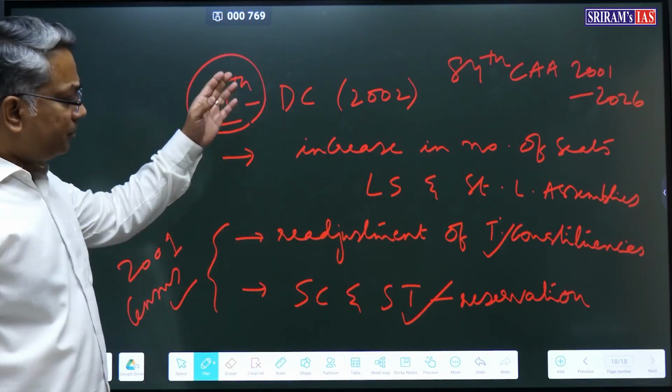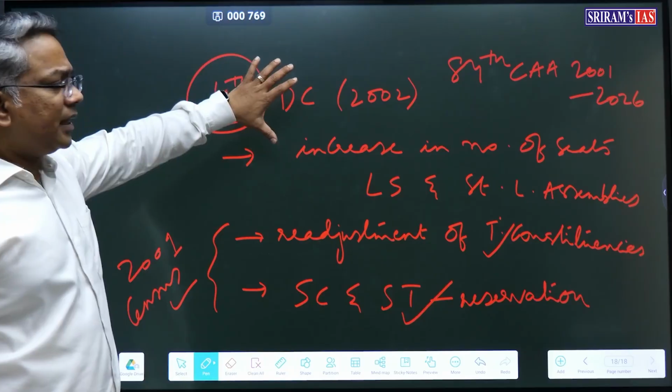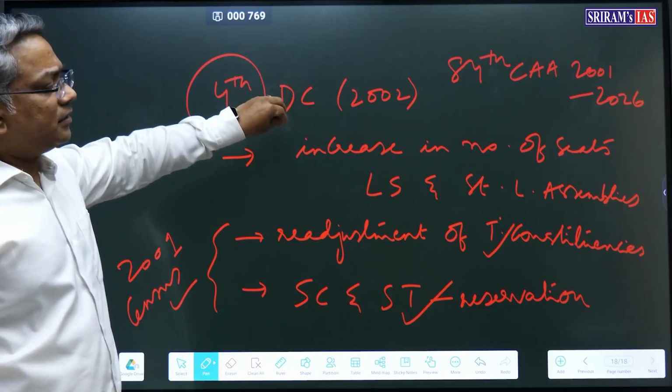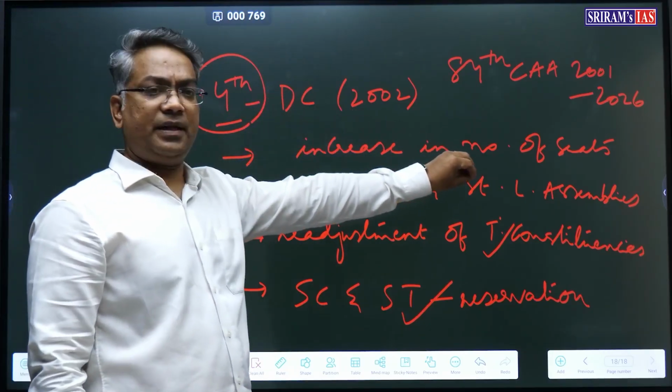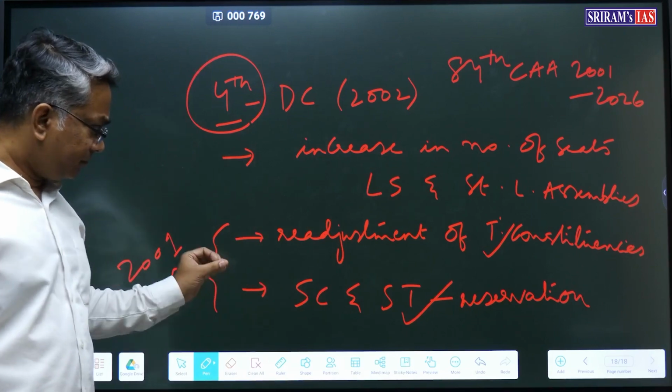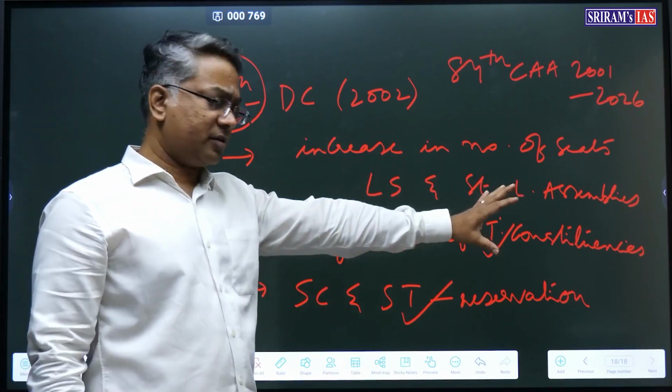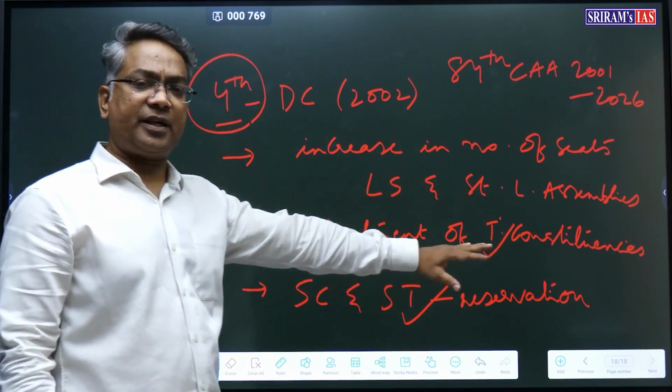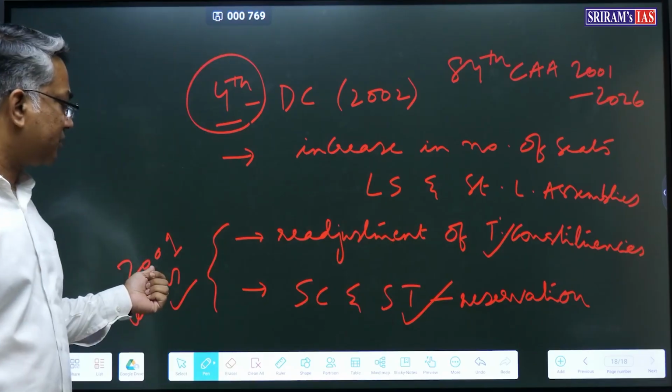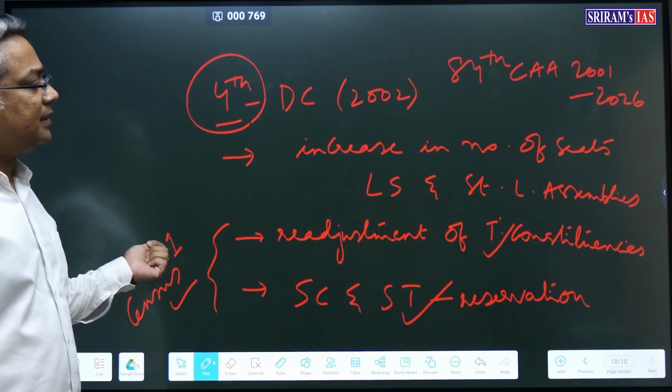Okay, so the freeze on the number of seats in the Lok Sabha and state legislative assemblies continued, but the readjustment of territorial constituencies and determination of the seats reserved for SCs and STs were done on the basis of the 2001 census.